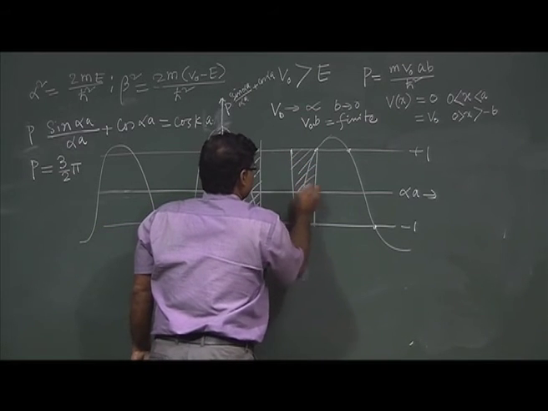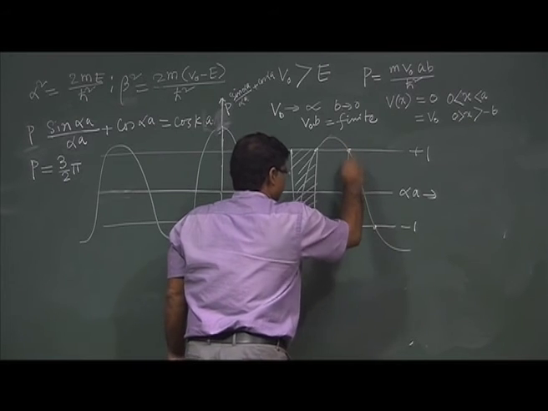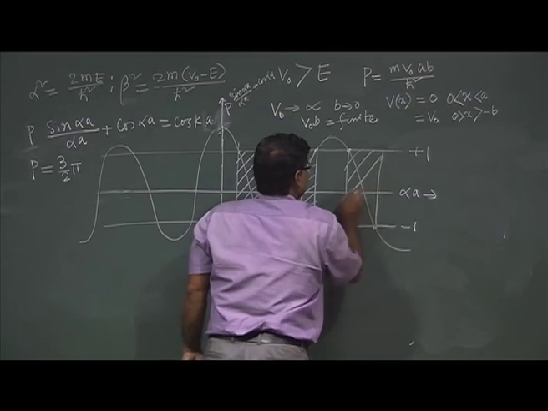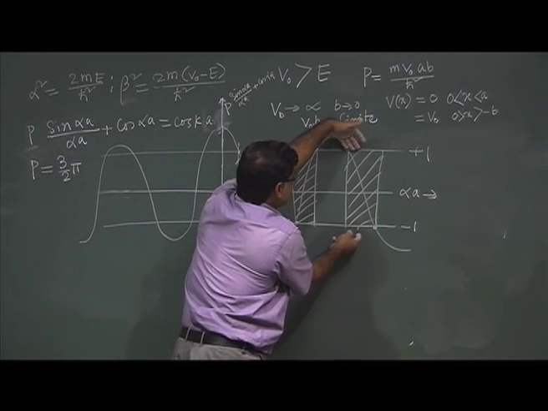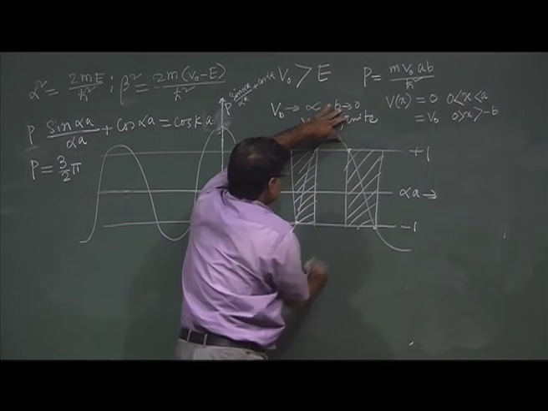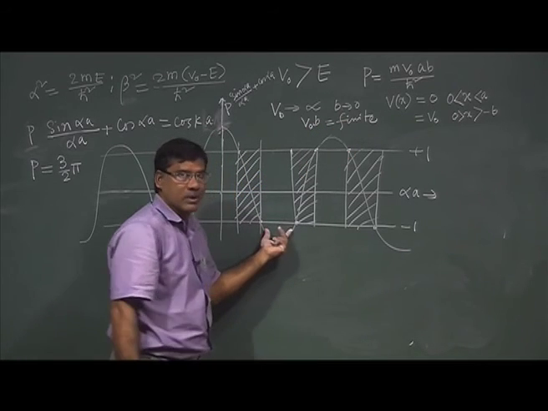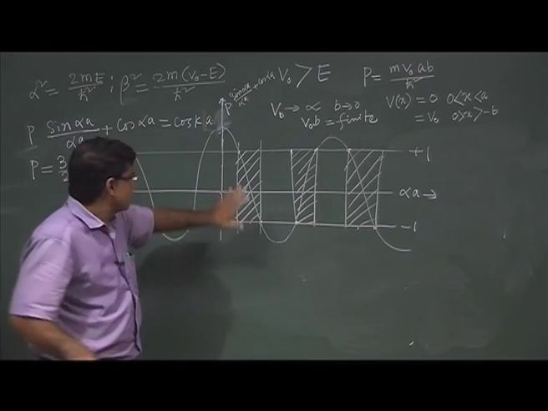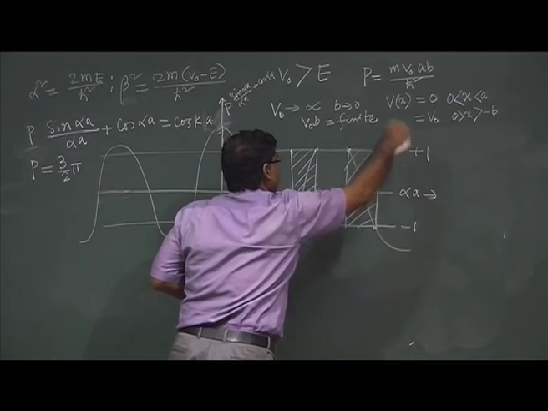Similarly, this part will be the only solution, because only this part is within plus and minus. So the other parts, this part is more than plus 1, this part is more than minus 1. So these are not allowed. So only this part is the allowed part.